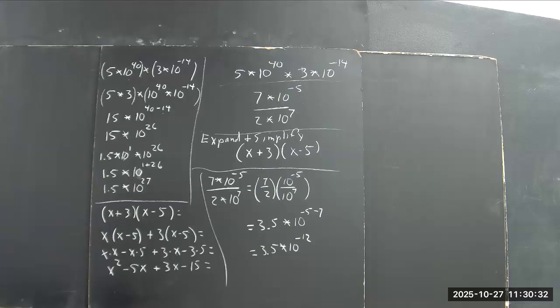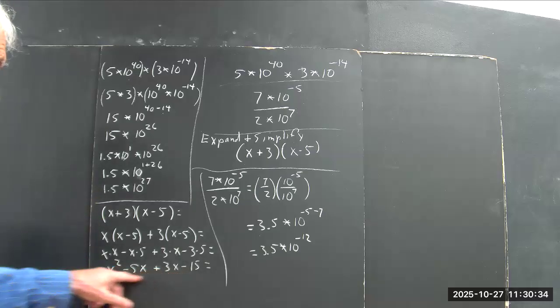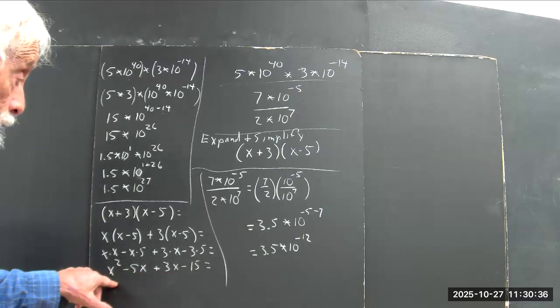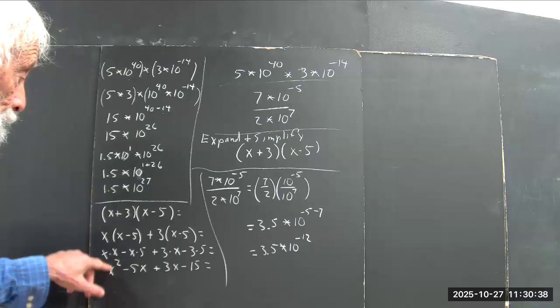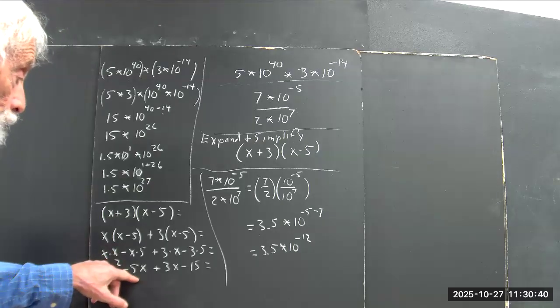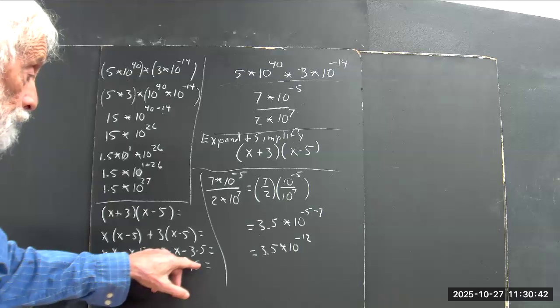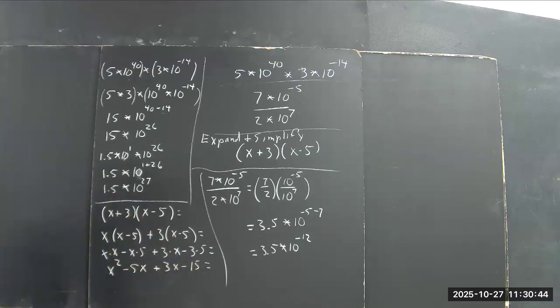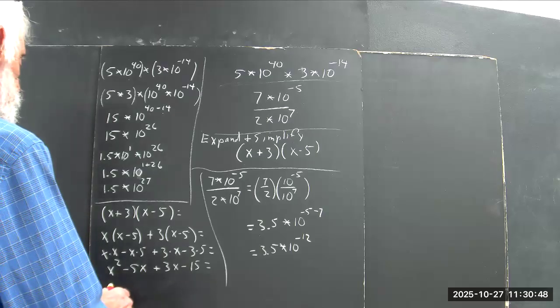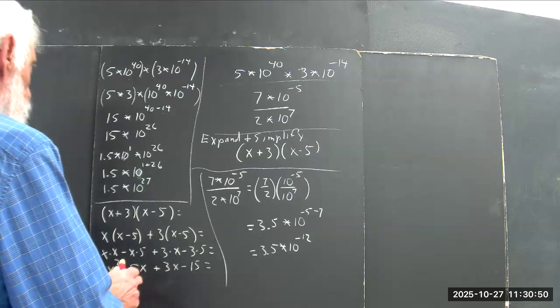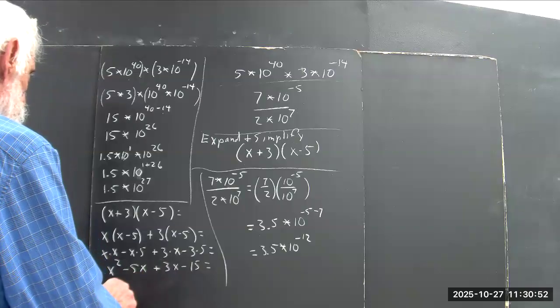And now we simplify. So we've expanded it. Here it is expanded. We get x squared minus 5x plus 3x minus 15. Now we simplify.